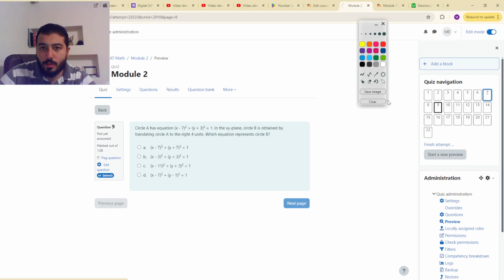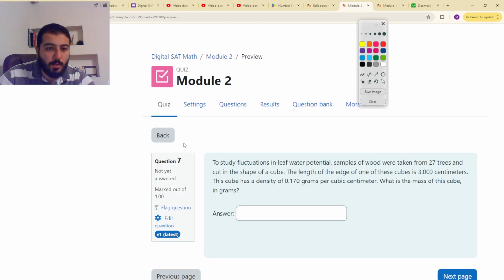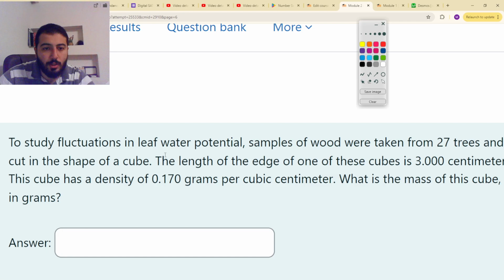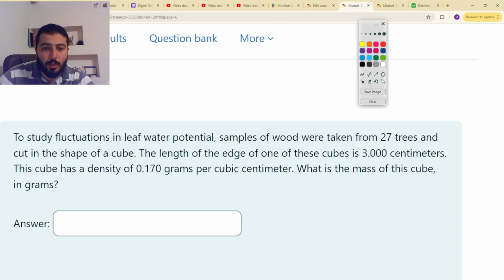Okay, we missed questions 7 and 8. Question 7: to study fluctuations in leaf water potential, samples of wood were taken from 27 trees and cut in the shape of a cube. The length of the edges of one cube is 3 centimeters. This cube has a density of 0.17 grams per cubic centimeter.